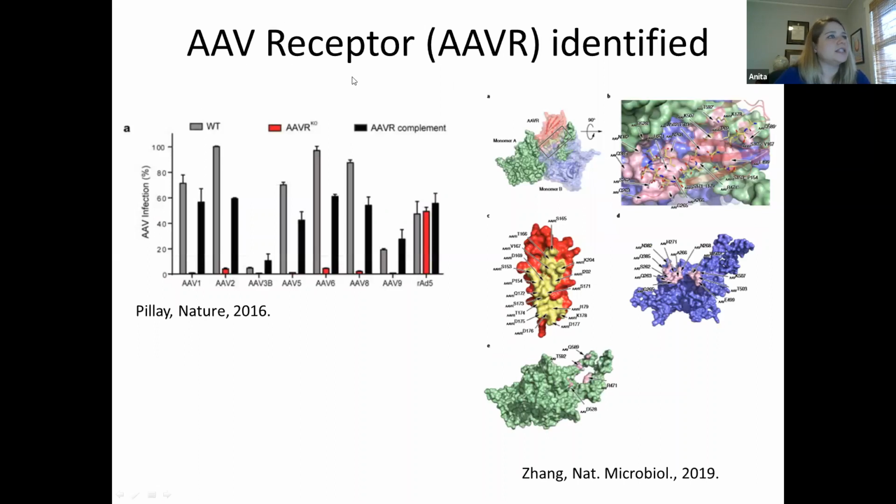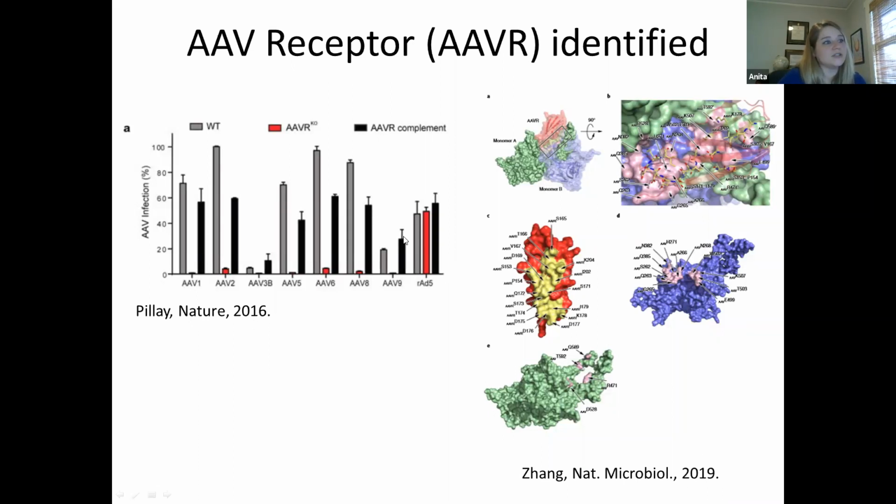But then one particular receptor that was necessary for all serotypes was identified in 2016. They found across different serotypes that if you had knockout of this particular receptor, you almost had no AAV infection. And that was in 2016.